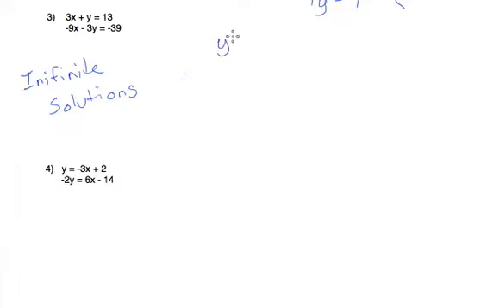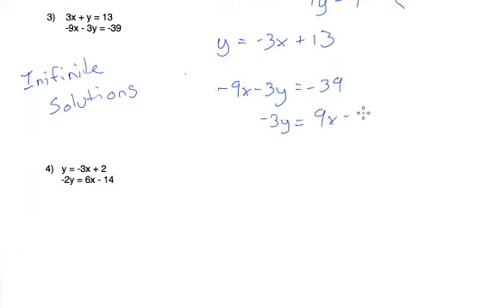We know that the first equation is y equals -3x plus 13. The second equation, let me do this here, -9x minus 3y equals -39. Add 9x to both sides, and you get -3y equals positive 9x minus 39.